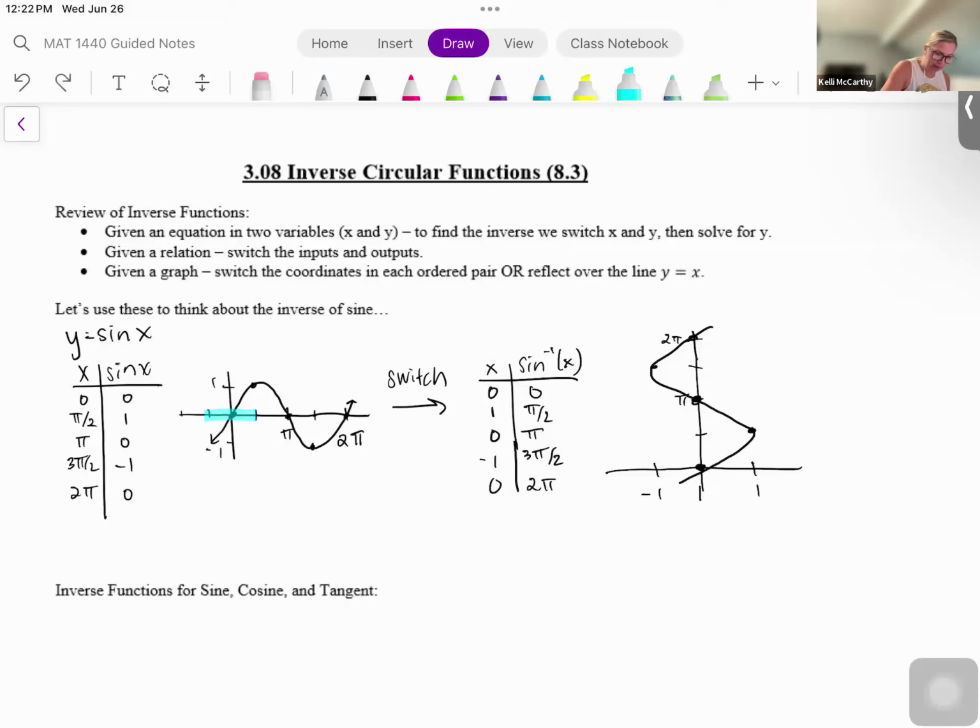And if I think about what part of the graph that looks like, that's going to look at just this section, which then also looks at just this section on that graph of the inverse. Or actually, rather, if we were to continue, it would be this part of the graph of the inverse.